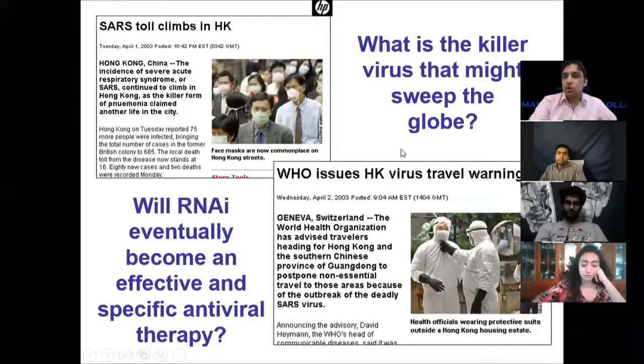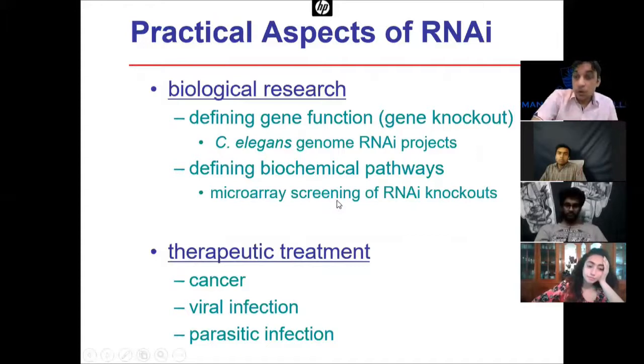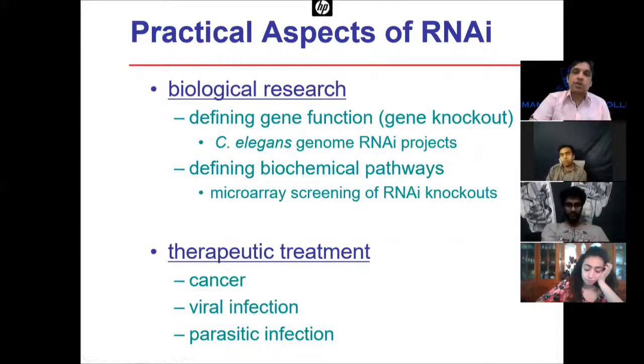This is what I wanted to show you earlier, where we are using RNA interference technology: to study the function of a gene, to identify the pathways, to study the role of microRNA in the expression of certain genes, and we are trying to cure cancer and control viral infection and parasitic infection with the help of RNA interference technology.